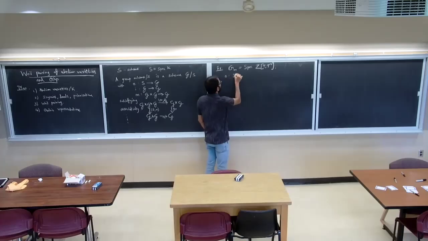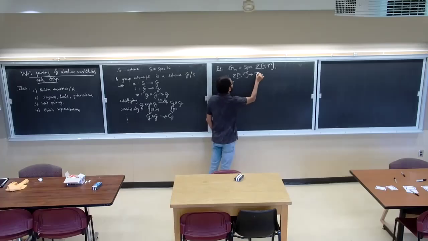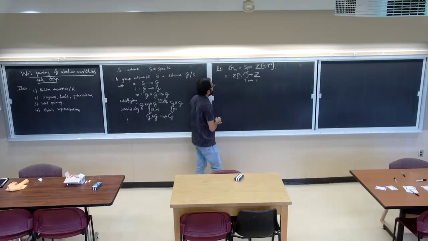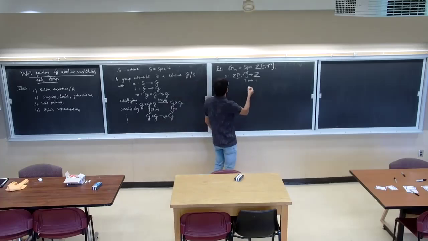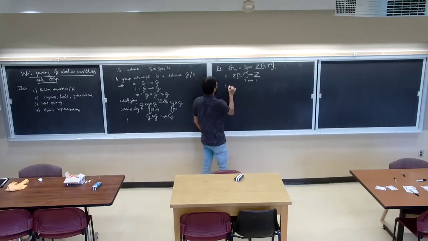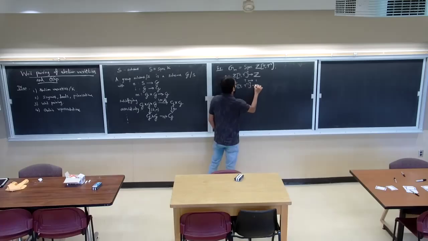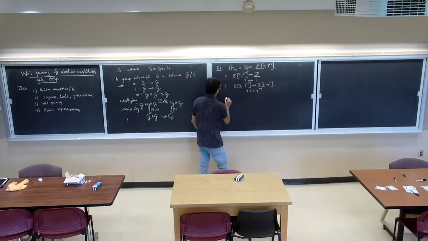The identity is the one that sends T to 1, so 1 is the identity. And the inverse, at the level of rings, sends T to T inverse.